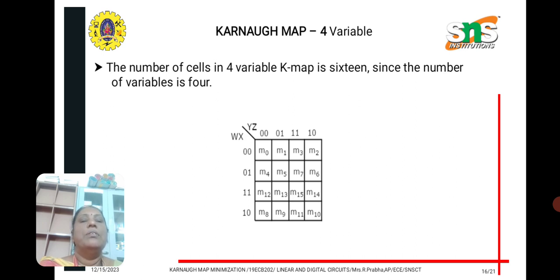The first row consists of M0, M1, M3, and the last is M2. The second row consists of M4, M5, M7, and the last is M6. And the third row M12, M13, M15 and M14. So the last row is M8, M9, M11 and M10.